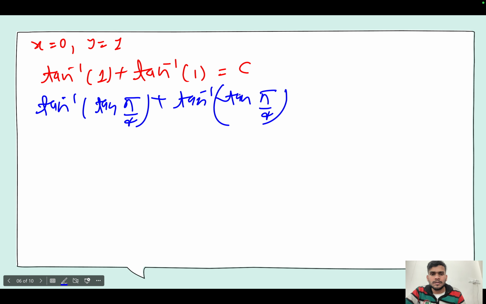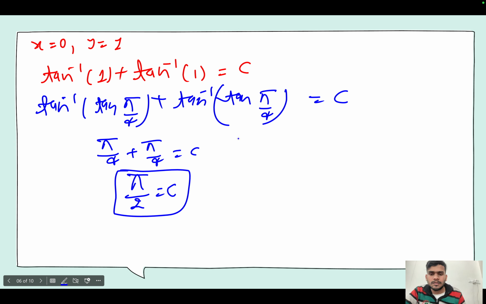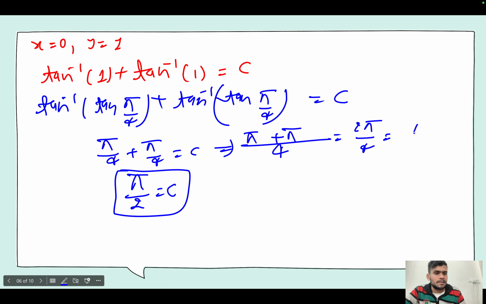So pi by 4 plus pi by 4 is equal to c. Take 4 as LCM, then it will become pi plus pi, that is 2 pi by 4, which is pi by 2. So now we have got c is equal to pi by 2.